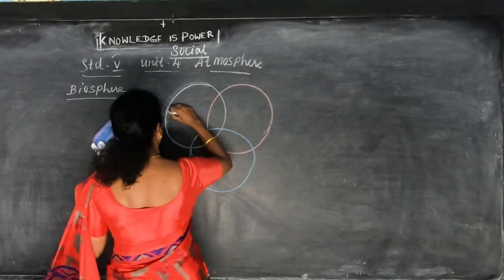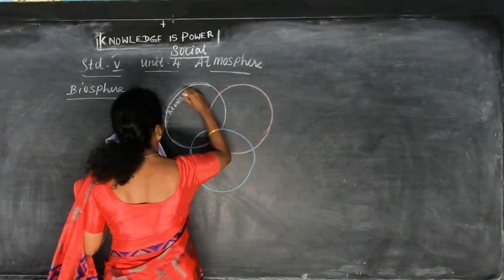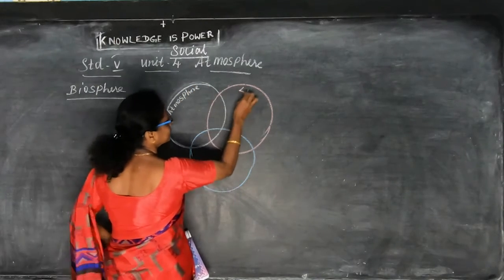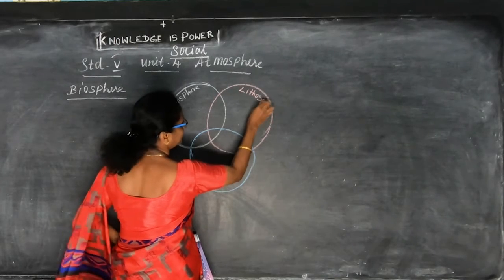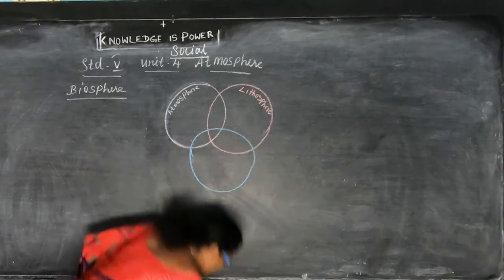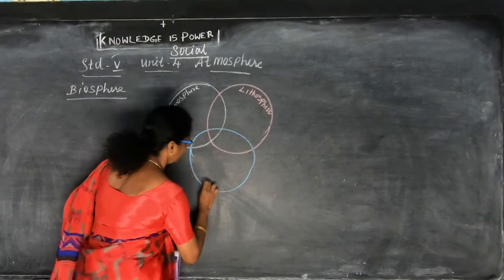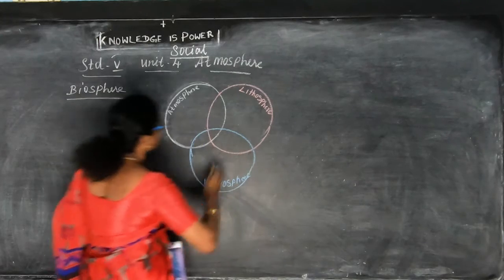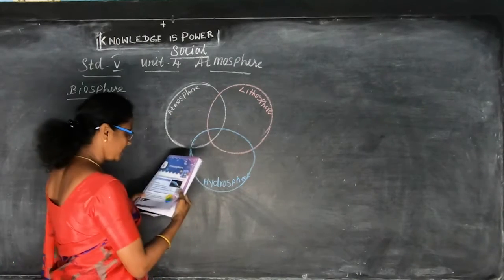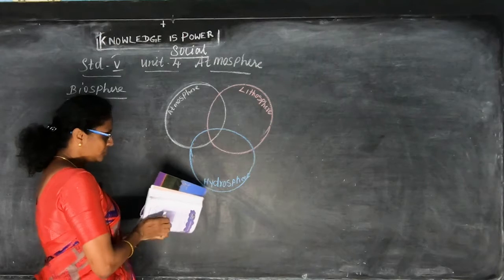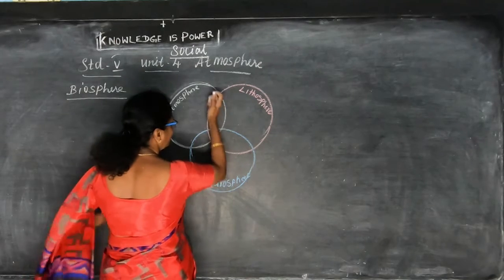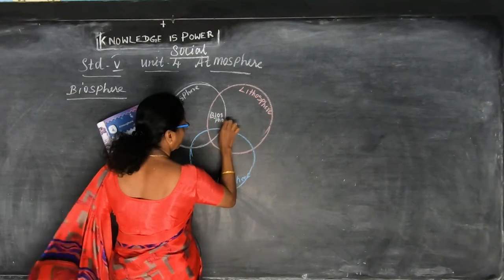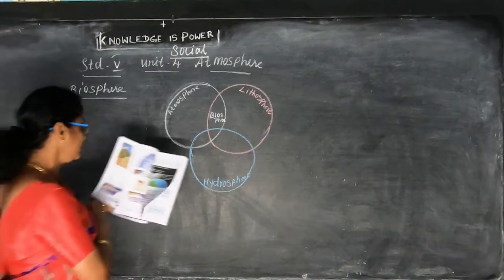Now this is atmosphere and this one is lithosphere. This is the lithosphere and this is the hydrosphere. So atmosphere, lithosphere and hydrosphere, all the three together is the biosphere. We don't have the space, so I am writing it. So all these three is known as the biosphere.